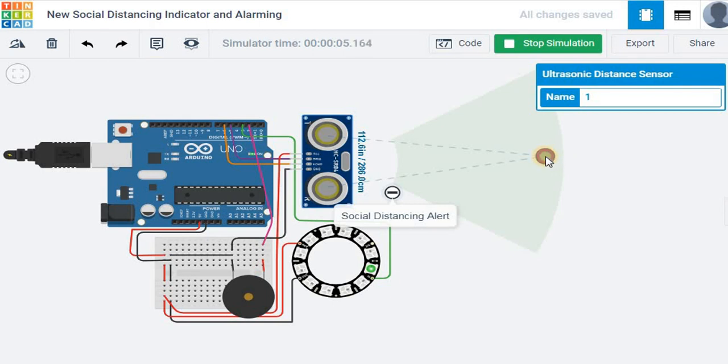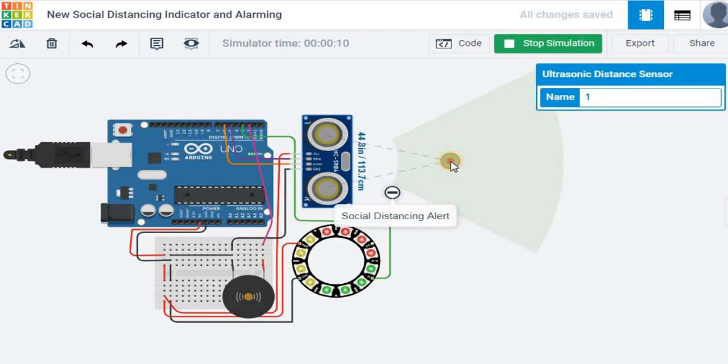As you can see, one more time, the measured distance from the ultrasonic sensor and the count of RGB LEDs from green, blue to red. When the count reaches 0 to 11, you can see that a buzzer indication will be there that indicates the social distancing violation.